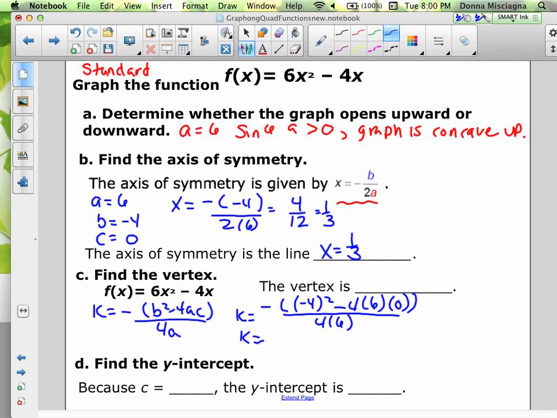So that's going to give us, so we're going to have negative, and negative 4 squared is 16. And now 4 times 6 times 0, that's just 0. That's all gone. And then we're divided by 24. So k here is just negative 16 divided by 24. And those are both divisible by 8. So that's k is negative 2/3. So our vertex is the point 1/3, negative 2/3.